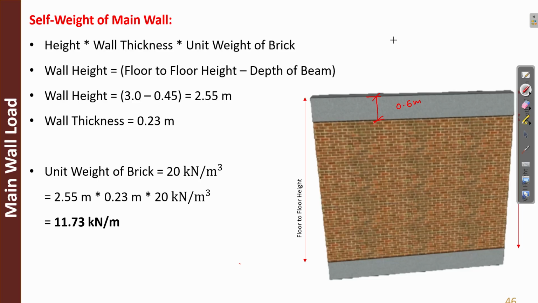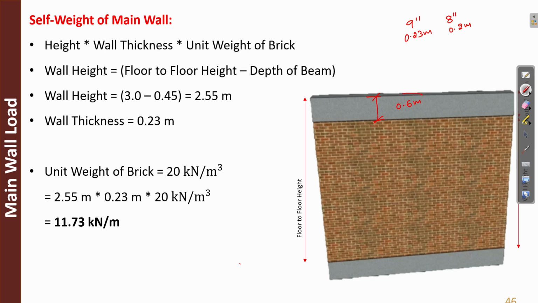It depends on the site formwork size. Minimum you may use a 9-inch beam also. On site you will get a formwork for 9-inch, or in some cases you will get 8-inch also. So 9-inch means 0.23 meters, 8-inch means 0.2 meter.